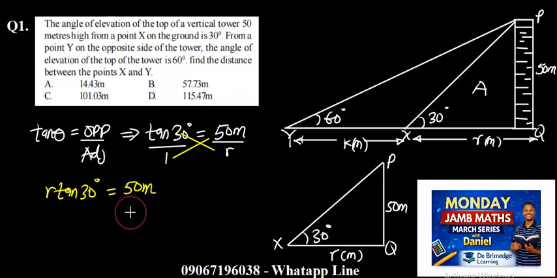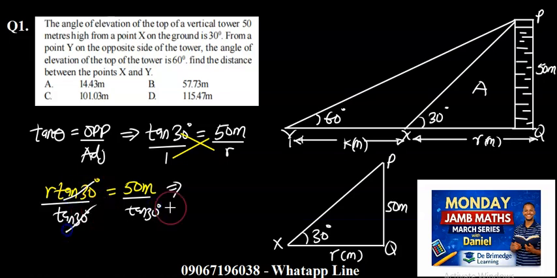So 50 meters, and what we're looking for is R. We divide both sides by tan 30 degrees to find R. That's how we make R the subject of the formula.